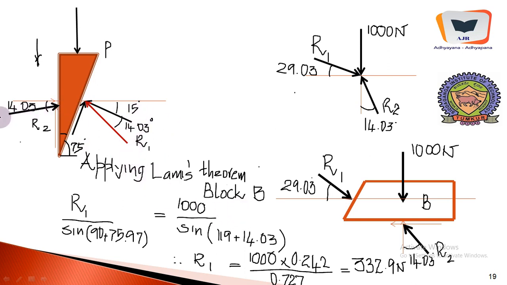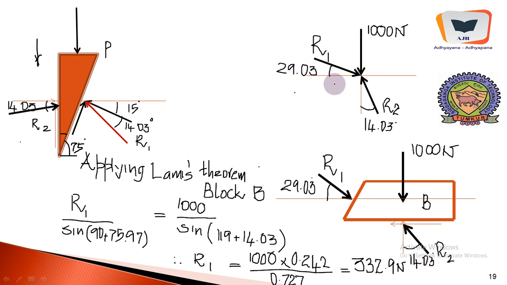So applying Lami's theorem, this is the free body diagram of the block. There is a vertical force acting down, the load, and this is R1, which is translated over here, inclined at an angle of 29.03 degree, and this is the total angle. This is the load that this block has to support, and this is reaction R2, which makes an angle of 14.03.